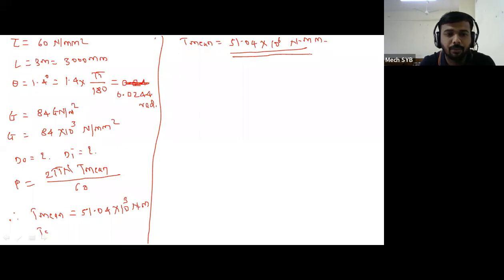Power formula P is equal to 2 pi nT divided by 60. 51.04 into 10 raised to 3. This is the first answer in Newton meter only. But we want that value in Newton mm. So again multiply by 10 raised to 3 and it becomes 51.04 into 10 raised to 6 Newton mm.